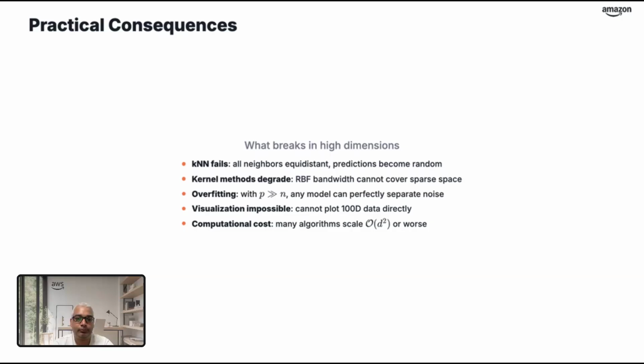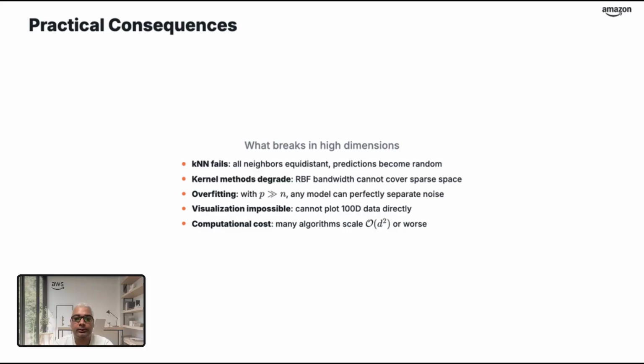So we'll go over some practical consequences of what we already discussed. KNNs would fail, all the neighbors would be equidistant, and the predictions become random. The same problem would also affect kernel methods.